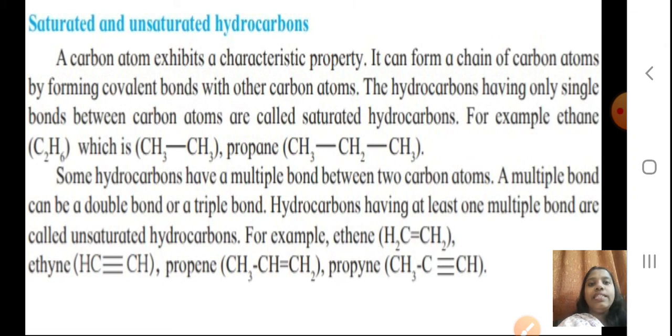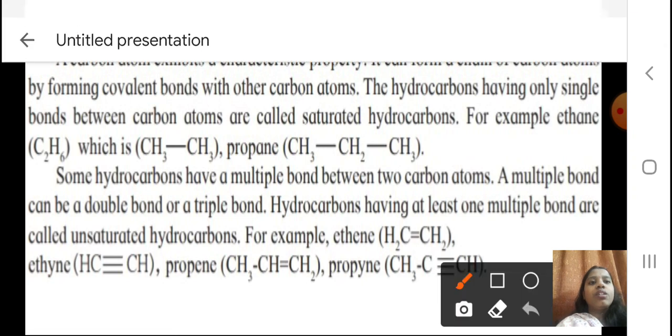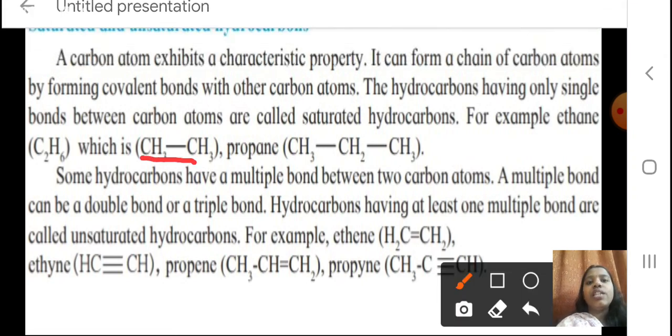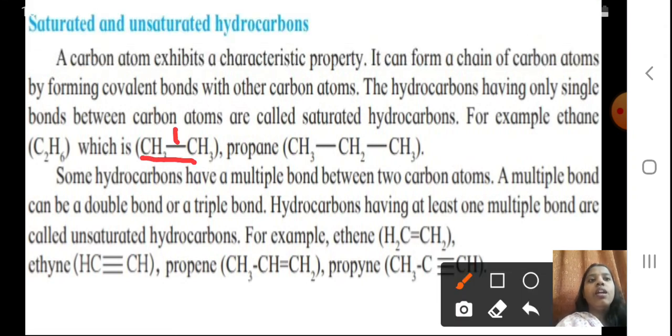For example, ethane, C2H6, with the structure CH3-CH3. Now see, only one bond is there. Or propane, which means 3 carbon atoms, 1 2 and 3 linked together. So these are called saturated hydrocarbons because they have only single bonds between carbon atoms.